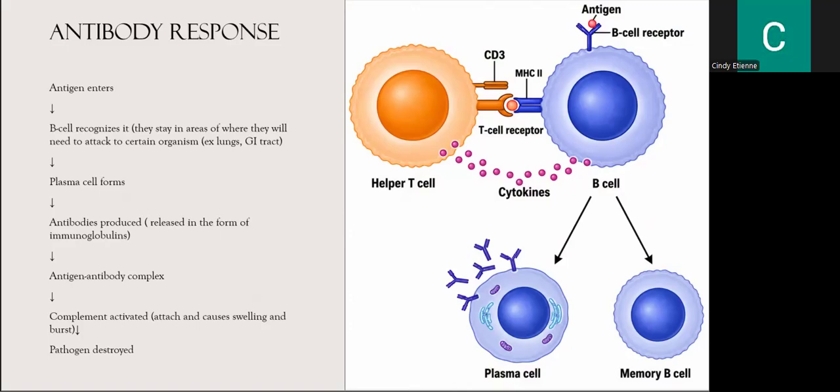Antigen enters, B cell recognizes, plasma cell forms, antibodies are produced, antigen-antibody complex, complement is activated, pathogen is destroyed, memory cells remain. This sequence will help you remember the entire antibody response from start to finish.